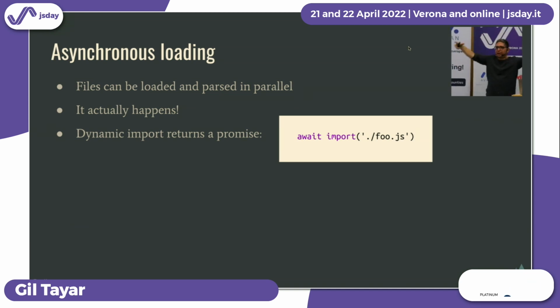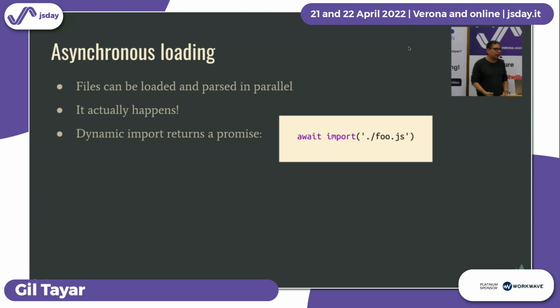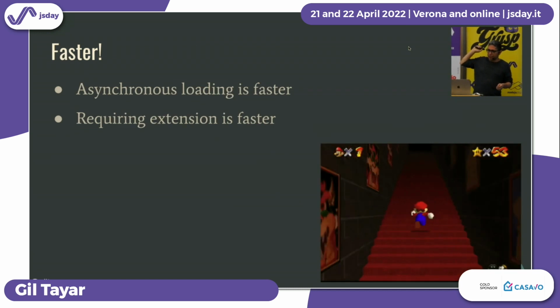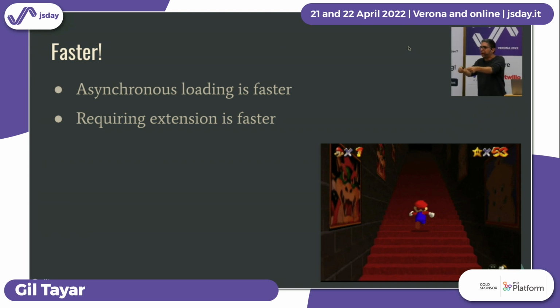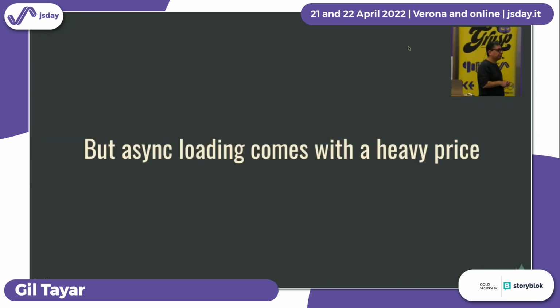So loading a big, like 300 file tree is faster in ESM than in CommonJS, because in ESM, a lot of that is happening asynchronously, and in CommonJS, it's all synchronous. Yep. So it's faster, as we said. Asynchronous loading is faster, and requiring, because you have to have the extension, it's faster. It doesn't have to look at the disk and search for files. It knows exactly what file to look for.